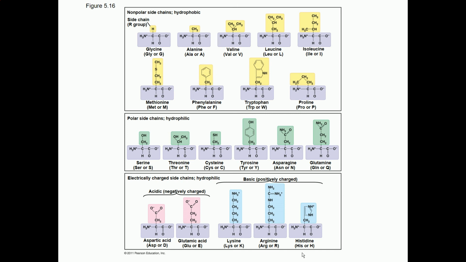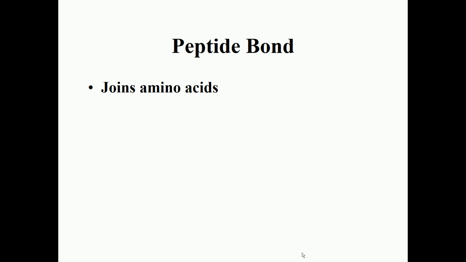Now, as I just said, proteins are polymers, which means they are made of monomers. And what is the monomer of a protein? It's amino acid. If we look at DNA, DNA was also a polymer made of monomers. The monomer of DNA was nucleotide, and those nucleotides were linked with each other.